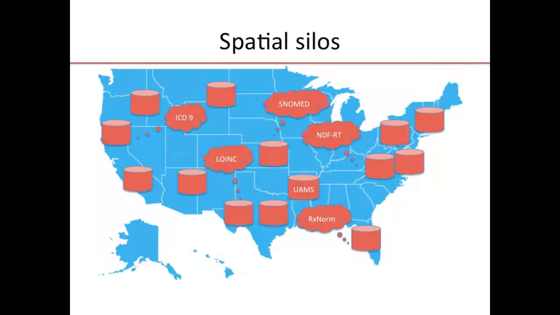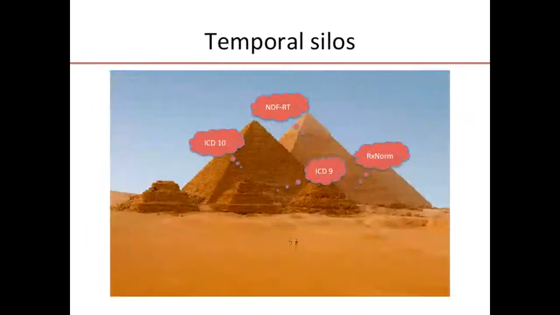Because it's their biobank anyway, there's no sense in thinking about how other people would like that data to look. So even within one institution, when we look at biobanks, we often have silos. We have multiple biobanks, all using different systems, all using different models to store their data, and this is a huge problem. And even more, it's not only that we have spatial silos, we also have temporal silos.